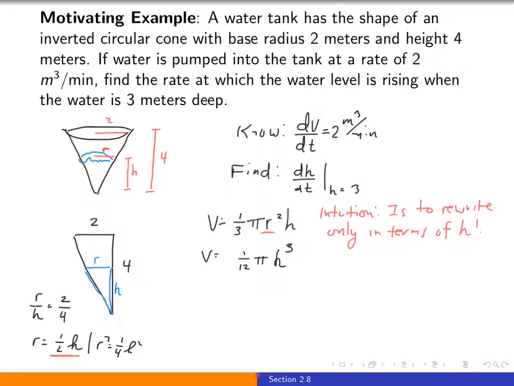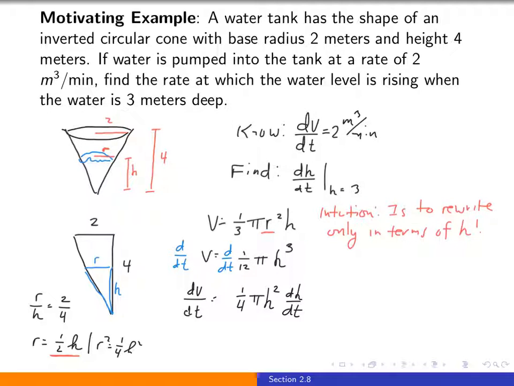So let's go ahead now and differentiate with respect to t. Both the left hand and the right hand side we can differentiate implicitly with respect to t. On the left we have dV/dt. And on the right hand side you're going to have a 3 come down from the h, so 3/12, or otherwise 1/4 pi h squared dh/dt.